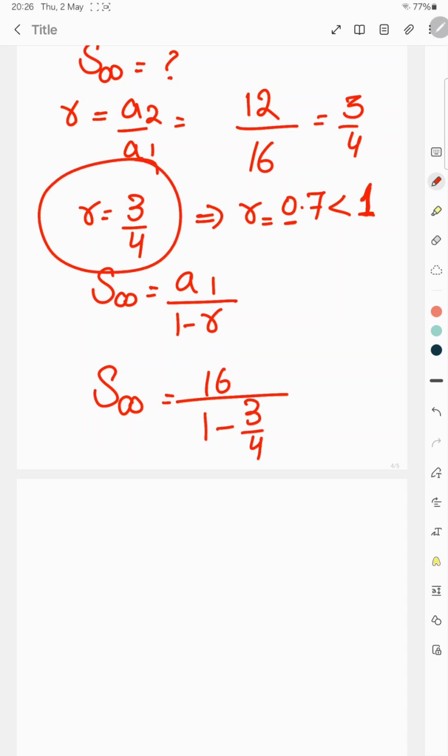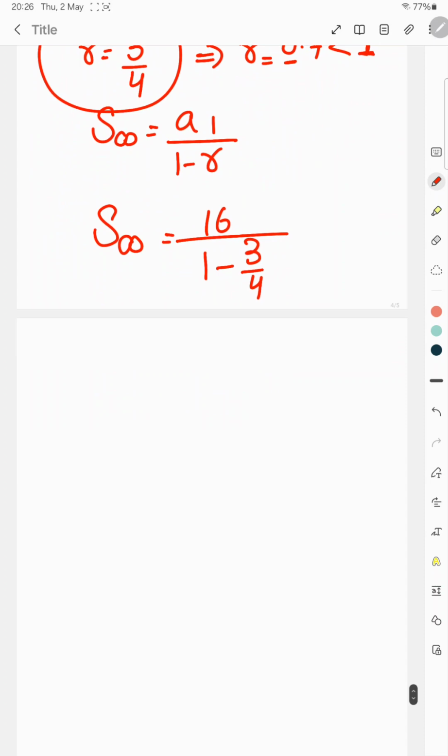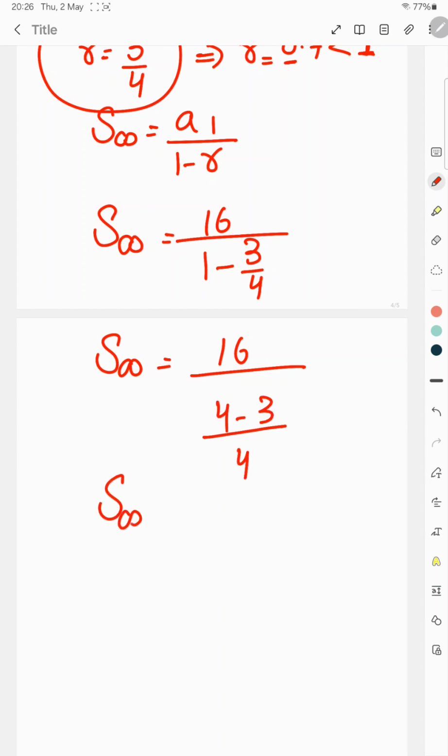Okay student, I just don't use the value in decimal, because if I put this value, then the solution will become difficult. So to keep the solution simple, I will use the simple value of R. Okay, now here I get 16, and in the denominator I will take LCM, and I just get 16 divided by 1 by 4.